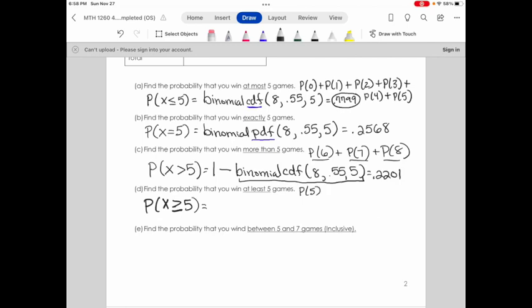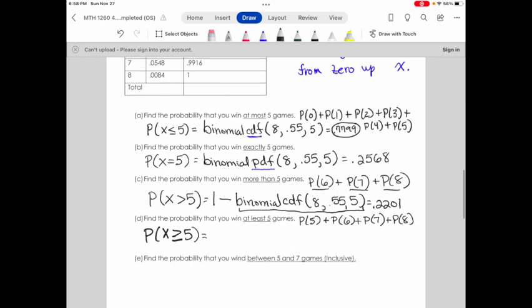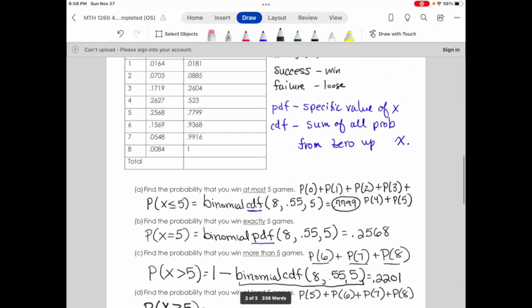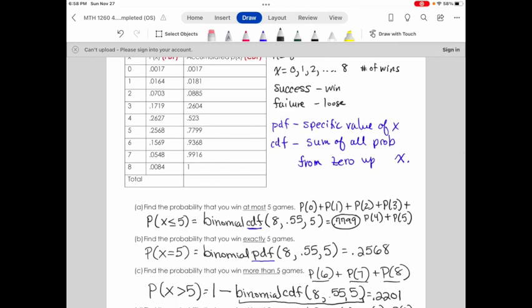So what we're trying to find is the probability of winning 5 games plus the probability of winning 6 games plus the probability of winning 7 games plus the probability of winning 8 games. If I look at the chart, I could do it individually by finding each of those PDFs, which would be all of these, and add them up.